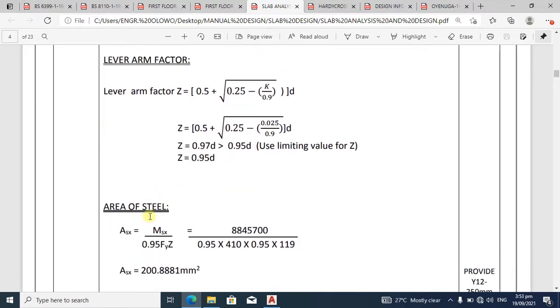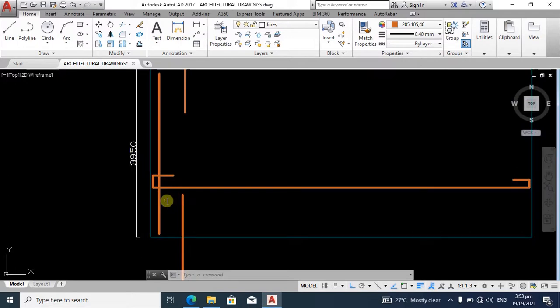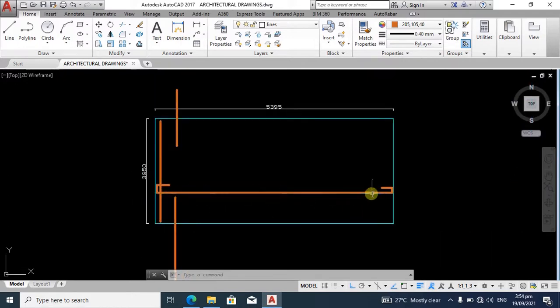So from here, we will now calculate the area of steel required in the short span around the mid span. You know, in our slab, since we are designing the slab as a two-way spanning slab, we have reinforcements along the longer span.